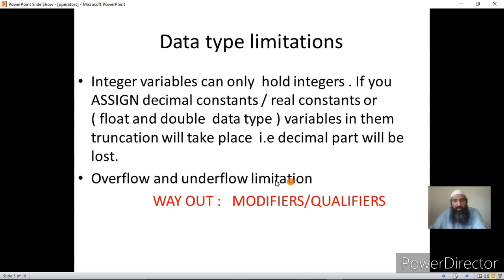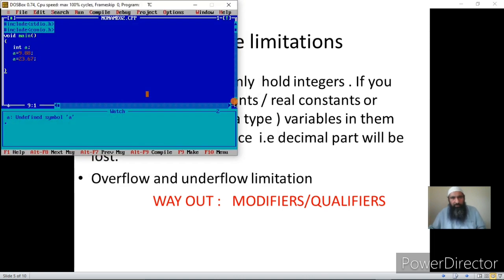Overflow and underflow I have also shown. Now I told you the way out of overflow and underflow is that we can use modifiers or qualifiers. Let me go to the second important point here. That is, if we try to assign the contents of variables which are of type float or double.